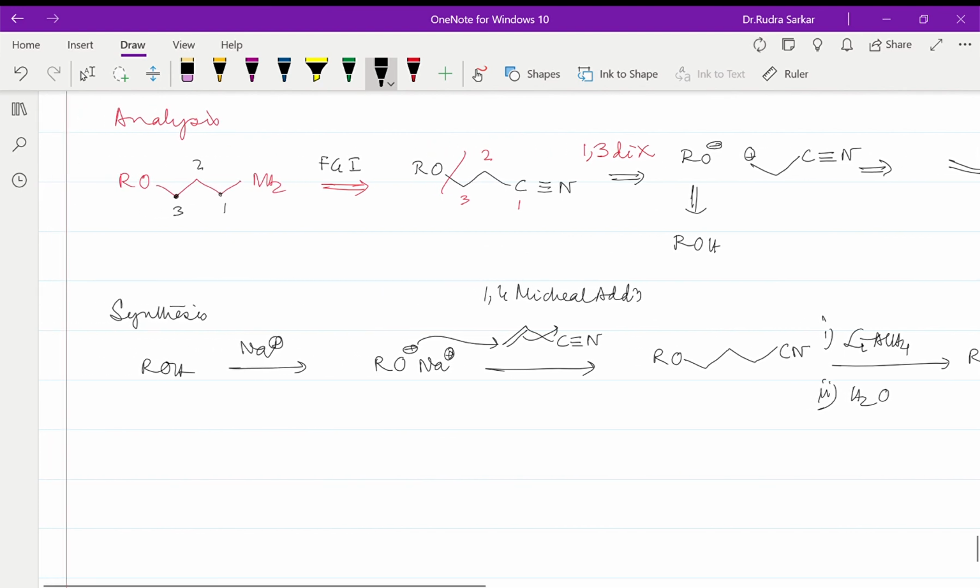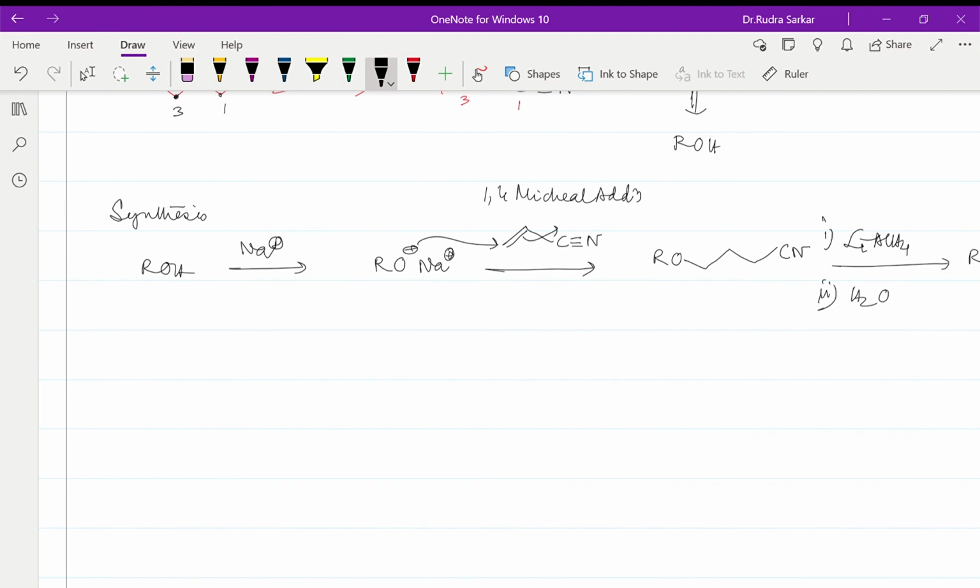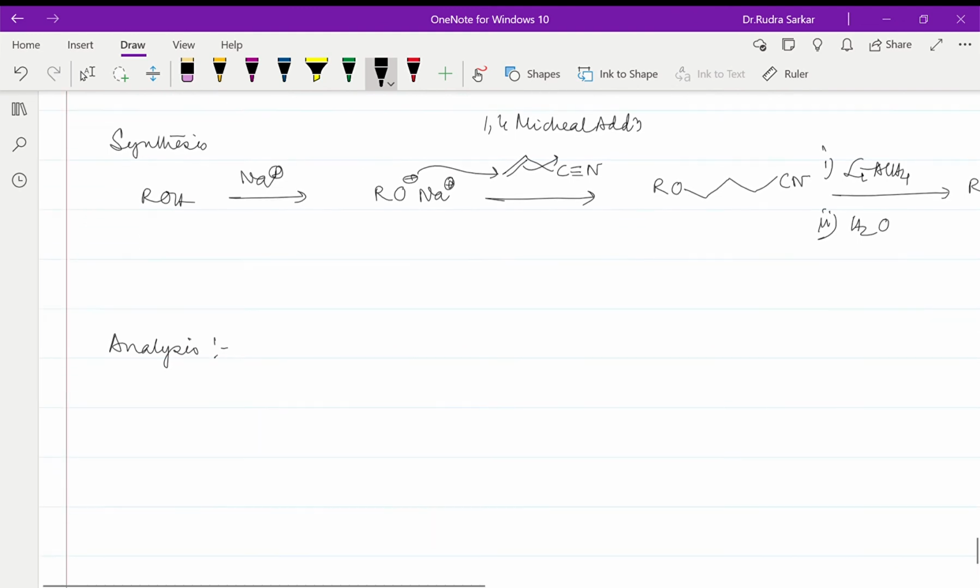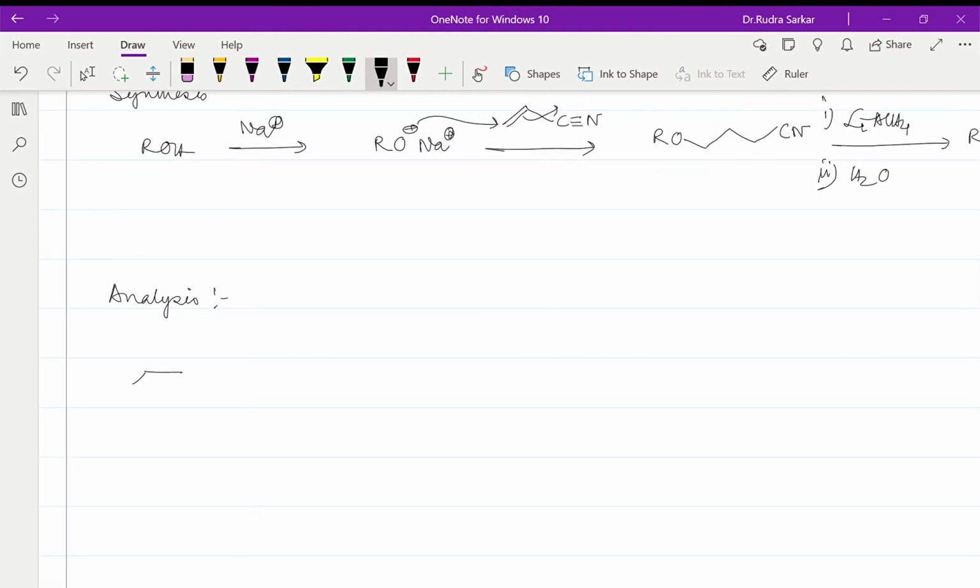Okay, let us consider another one over here. So we are saying analysis of this type of a molecule, which is, so what do we do? We do FGI, the molecule will get converted to what?